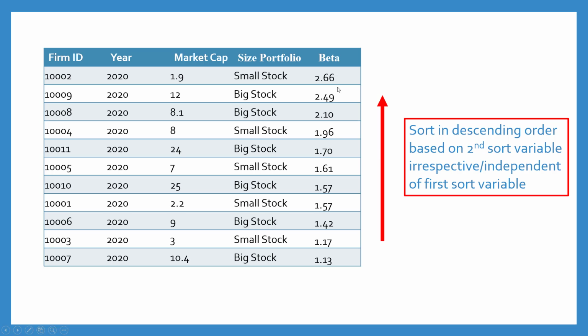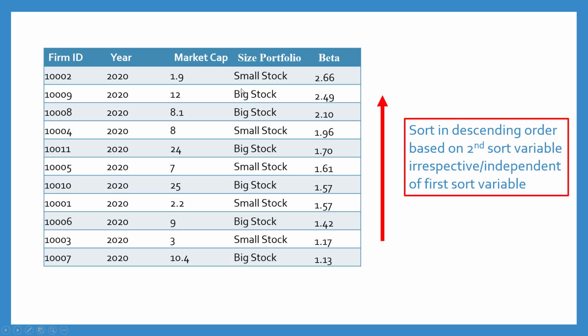Next we sort the stocks on the basis of the second variable, which is beta in this case. Let's sort them in descending order. So at the top we have the high beta stocks, and at the bottom we have the low beta stocks. When we are sorting these stocks on the basis of beta, we are sorting them irrespective of the first sort variable.